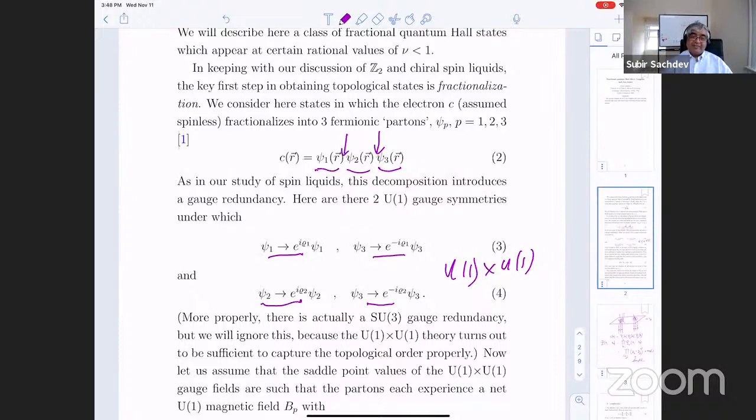So now I take my original theory for the electron, which experiences a magnetic field due to the external gauge field. And then I write down a theory for psi 1, psi 2, psi 3, which experience not only the external gauge field, but also the internal gauge field.